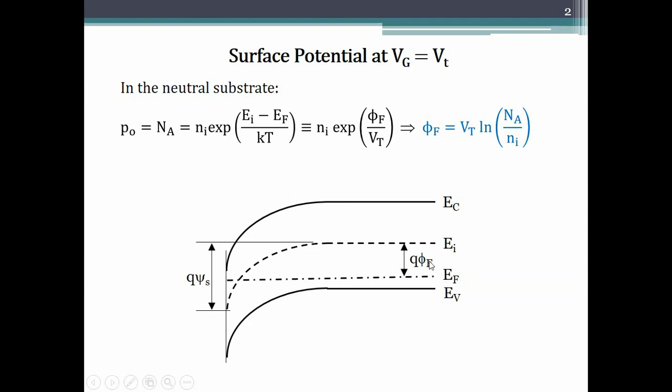So E is energy, phi is a potential. Phi has the dimensions of volt, E has the dimensions of joule. So Na is equal to Ni e raised to phi f over Vt, which if we rewrite, we can write phi f as Vt ln Na by Ni. This equation is significant, and that's all we really need to get from this whole slide.